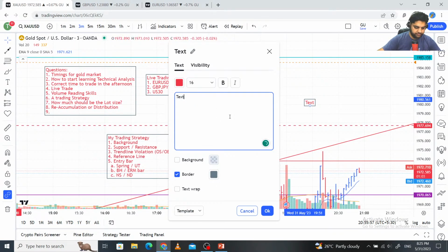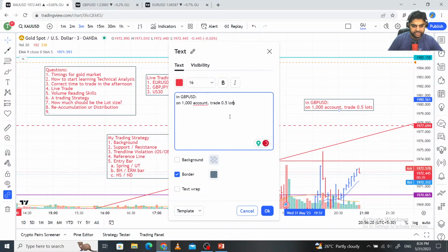In GBP USD, on a $1,000 account, trade how much? Trade 0.6 lots. Okay, so let's make it 0.5 just to be on the safe side.